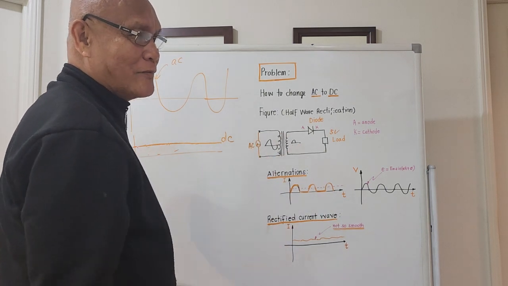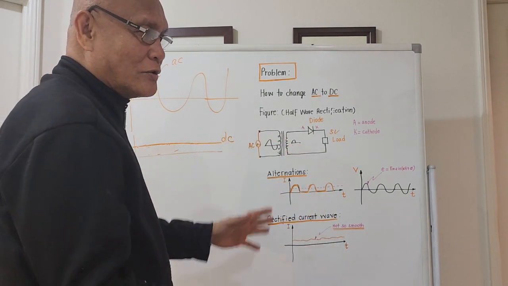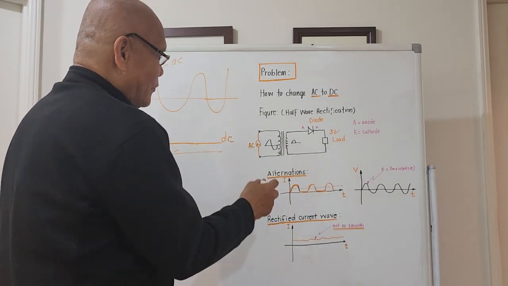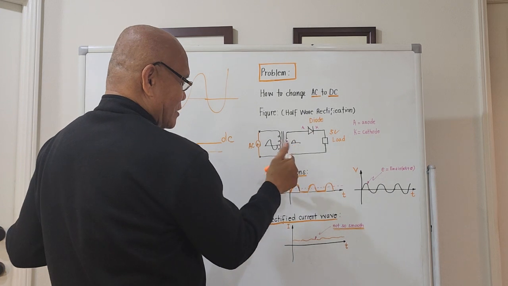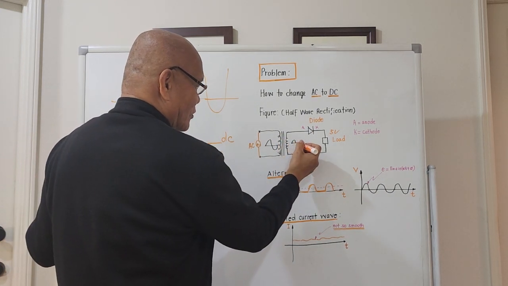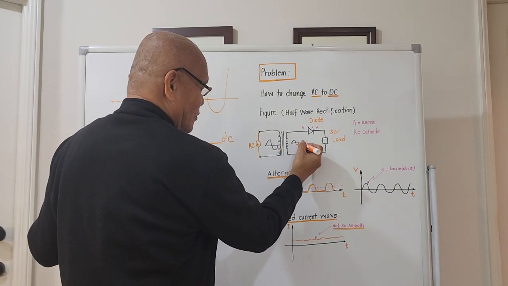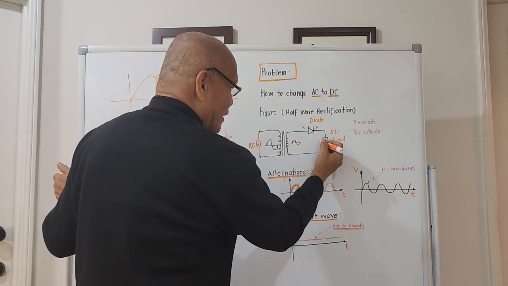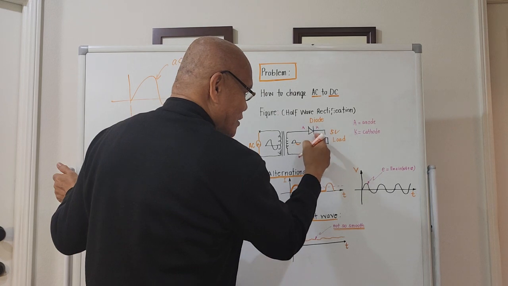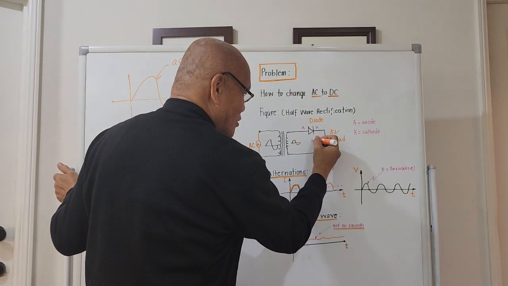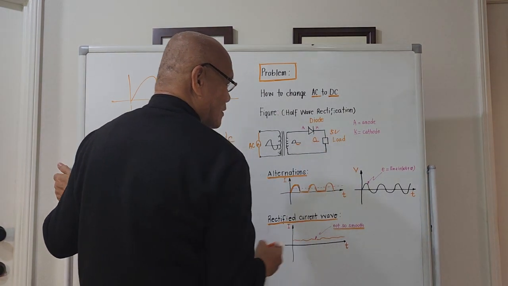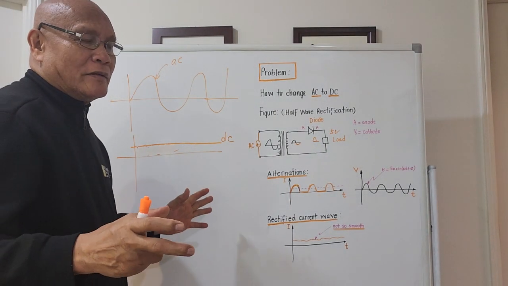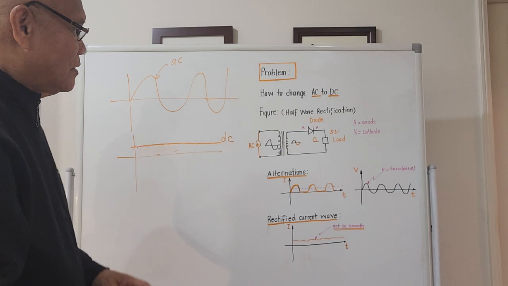This is only half wave. I just show you half wave so it will be simple to understand. On the secondary side, the current is still alternating, but after the diode, the wave is just one wave like this. We remove the half. Okay, the concept will be something like this.